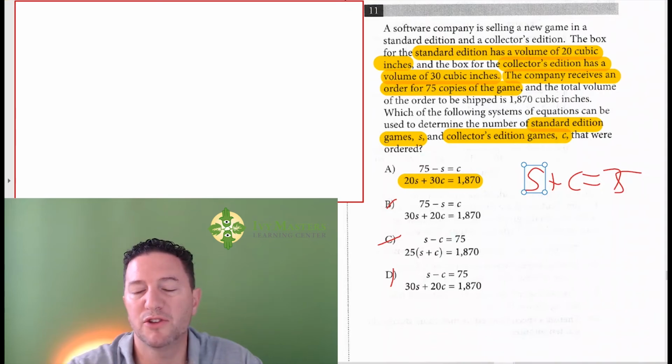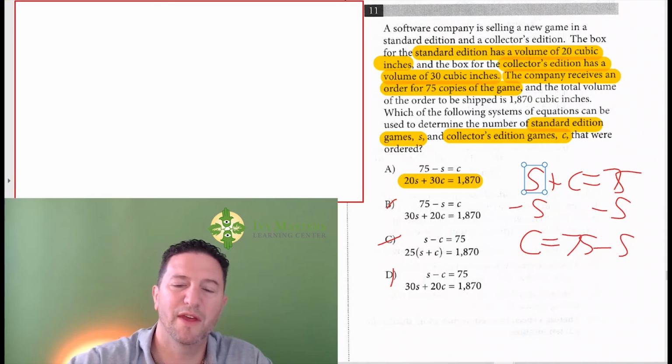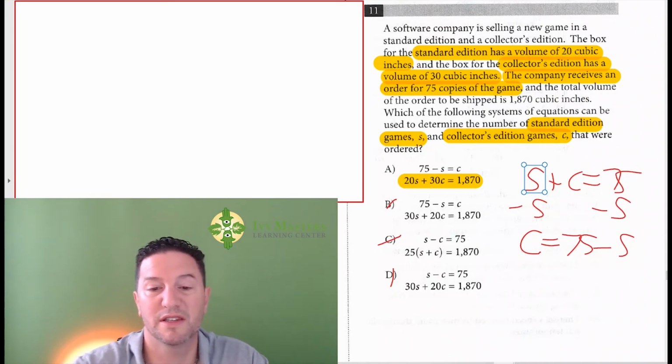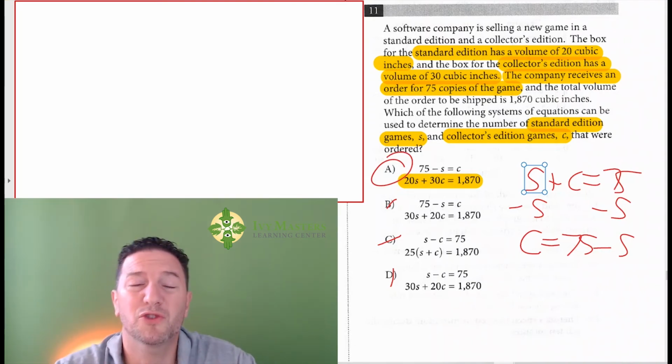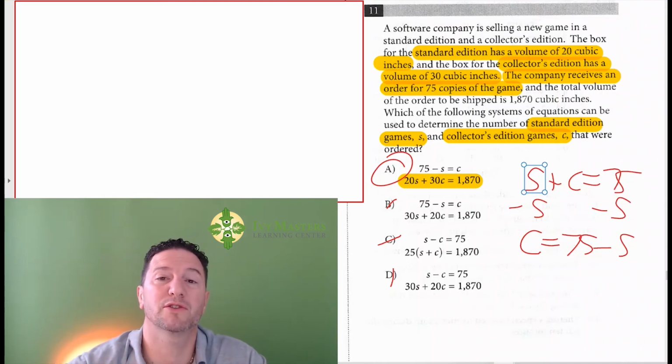Answer choice A just screws you up a little bit. Notice if you subtracted S from both sides, you'd have C equals 75 minus S. And then they put the right side on the left and the left side on the right, which is the same thing. So answer choice A is your correct answer. But notice, if we just read the second sentence of this question, we'd have the correct answer right away.